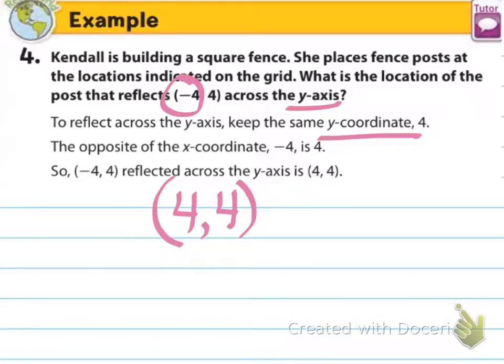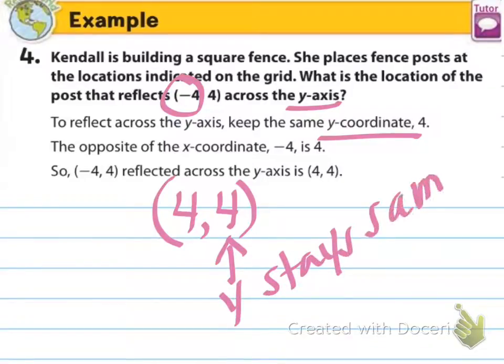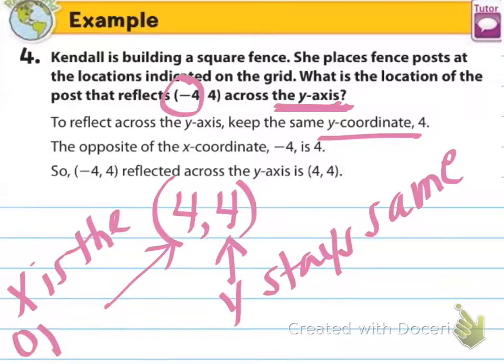That's the point that's reflected across the grid from (-4, 4), because if it's across the y-axis, the y stays the same, and the x is the opposite. So it was -4, now it's going to be +4.